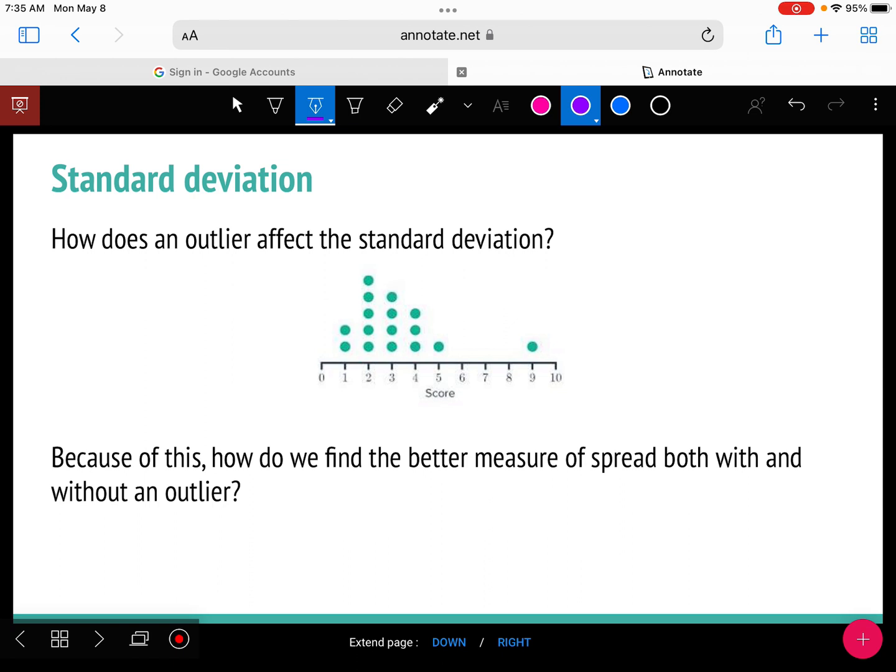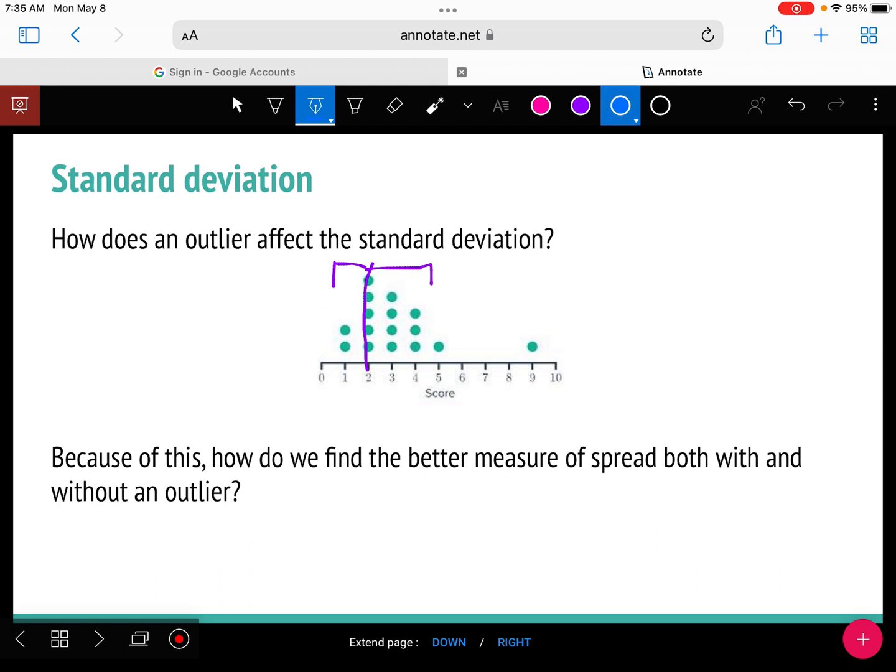So then we're going to look at how an outlier affects standard deviation. If we think about our mean being in the middle here, kind of where that peak is, if we did not have that outlier, our standard deviation would look kind of like that.